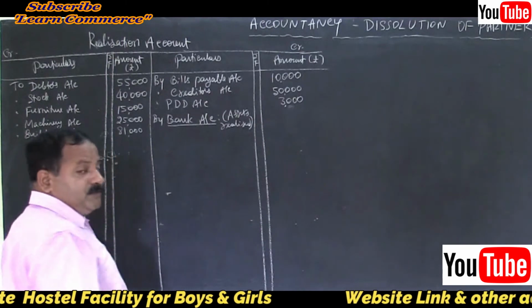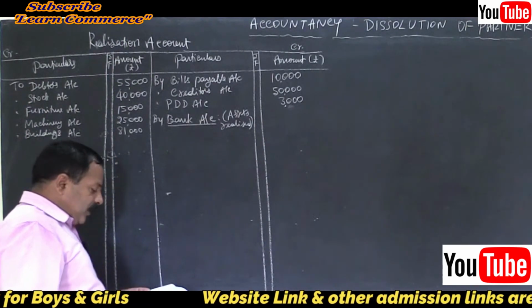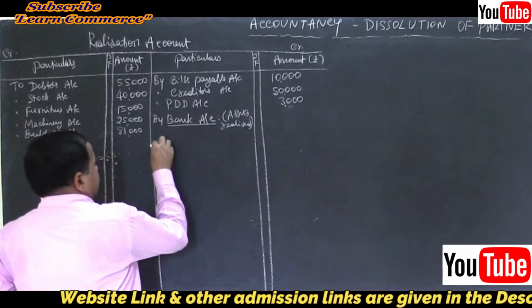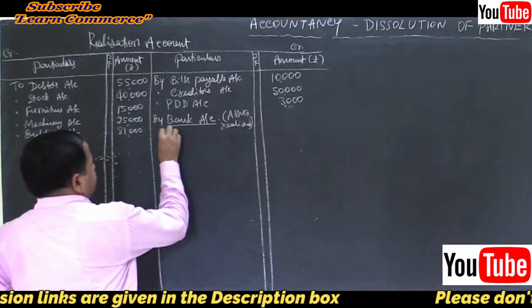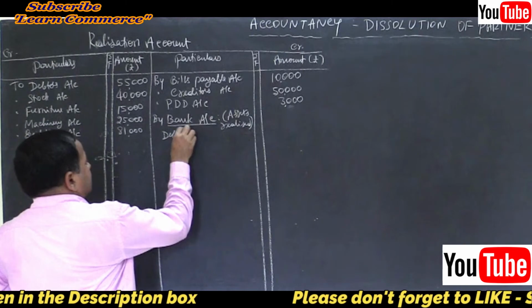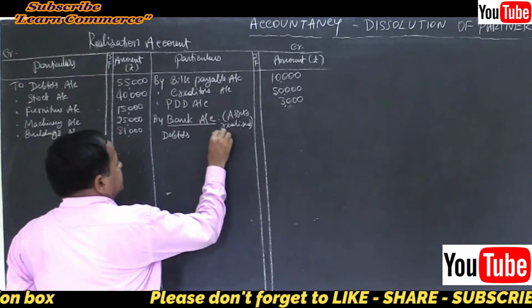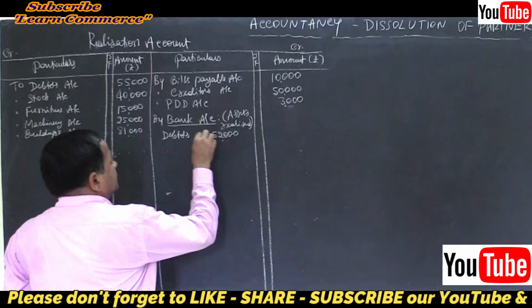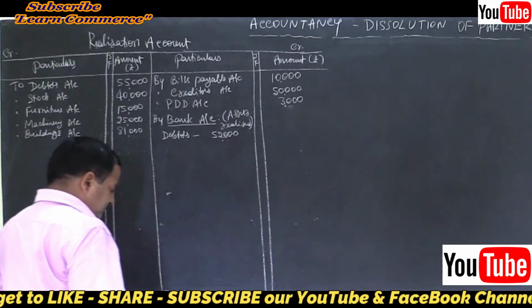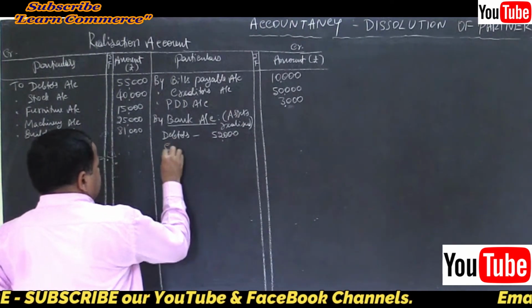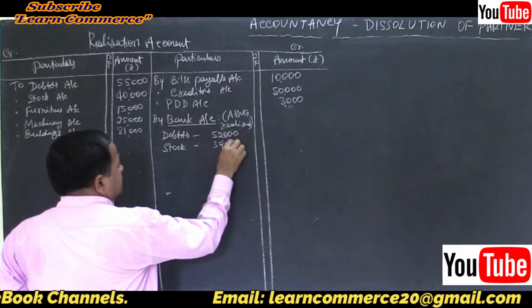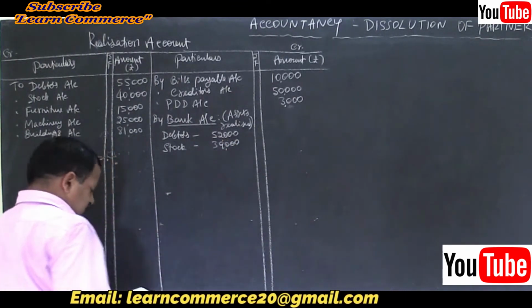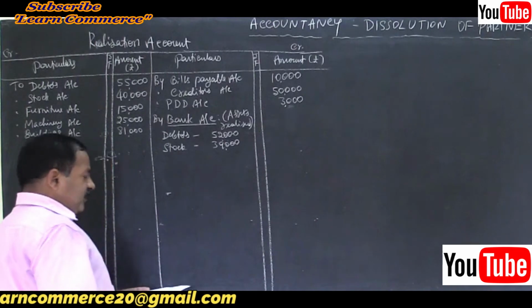Now, refer your adjustment part and write how it is being realized. By bank, write one by one. Debtors 52,000. Written. Stock 39,000. Write it. Then machinery 24,000.